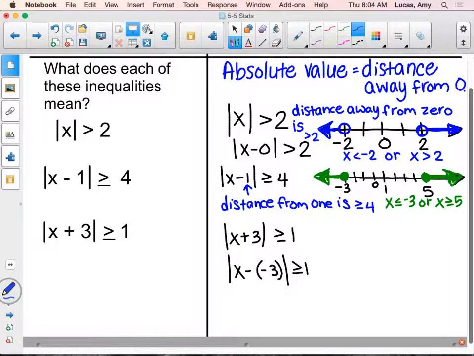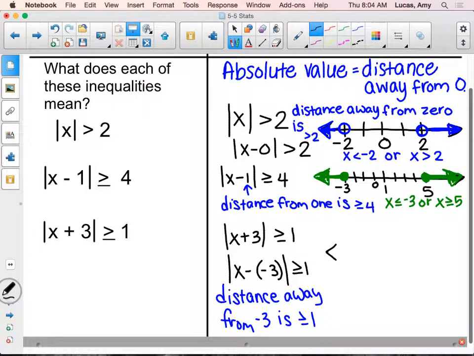So this last one means the distance away from -3 is greater than or equal to 1. So greater than or equal to 1 unit away from -3. So my starting point is -3.